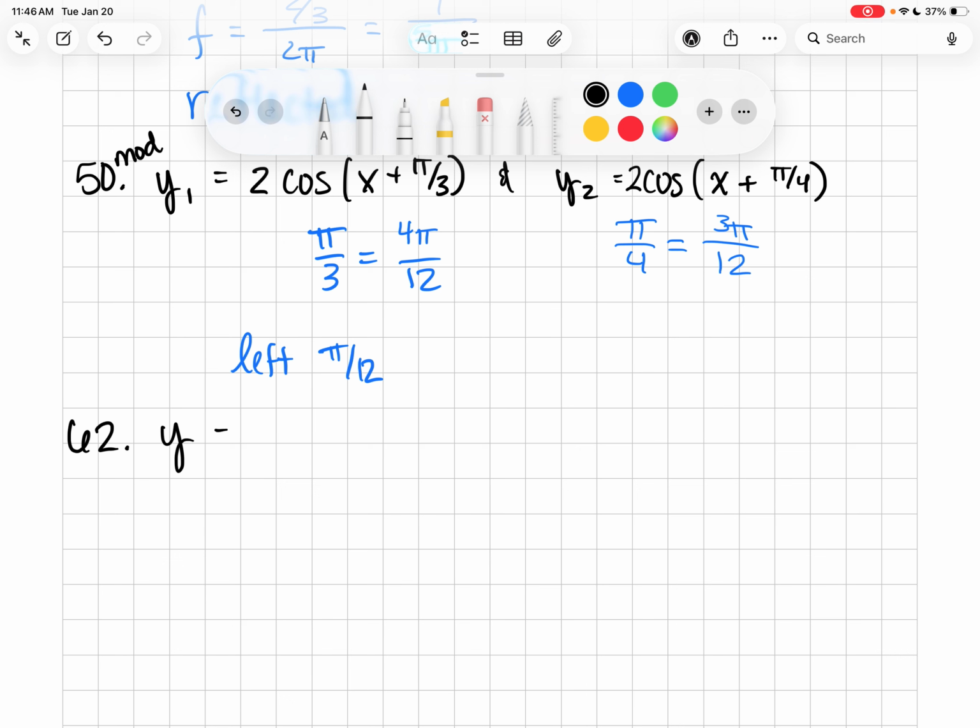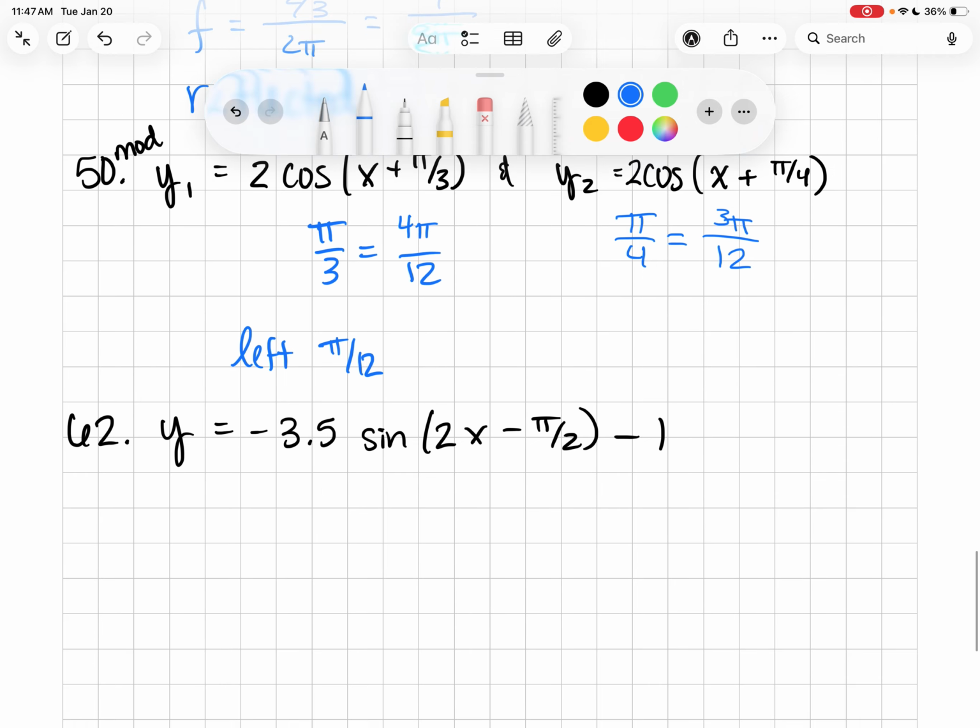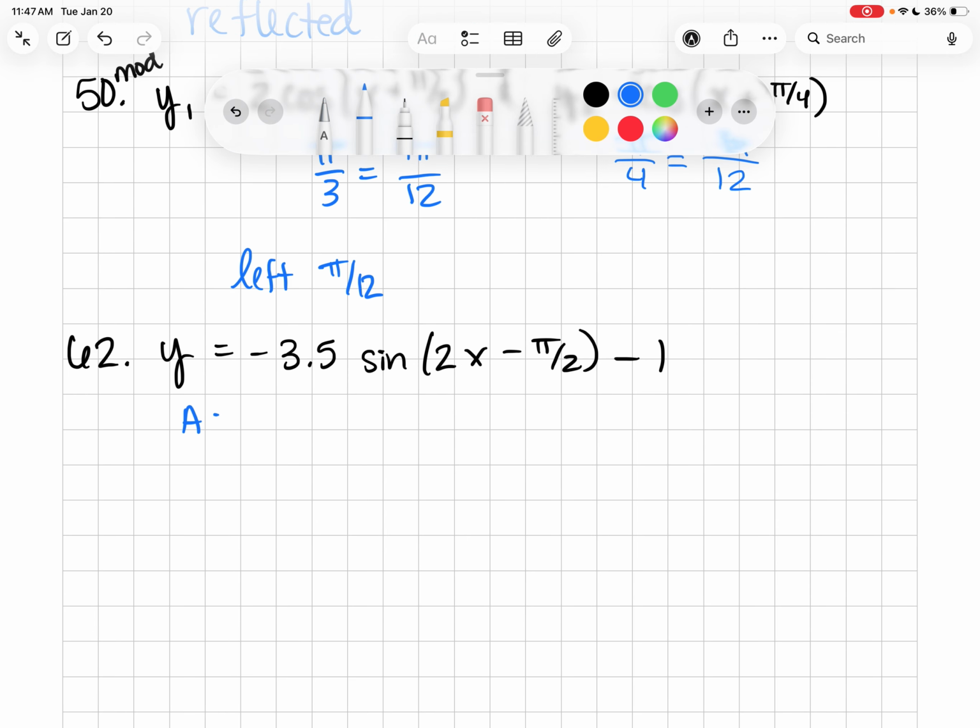So we've got y equals negative 3.5 times the sine of 2x minus pi over 2 and then minus 1. So what's the amplitude of this one? 3.5.